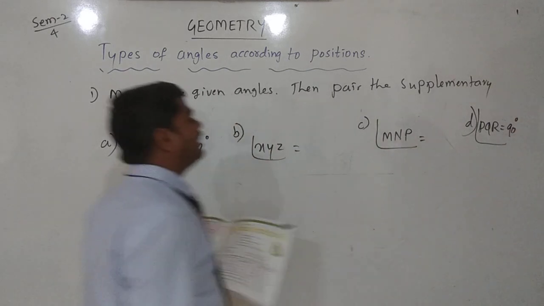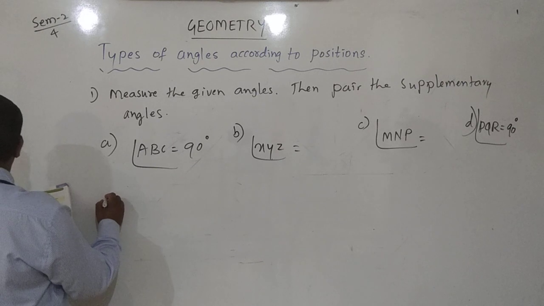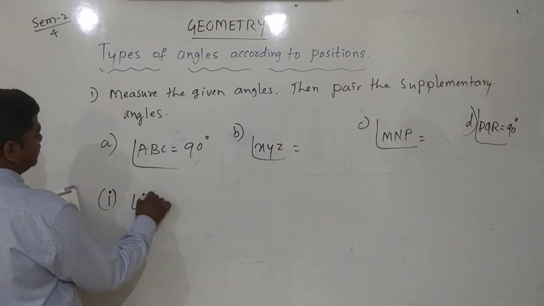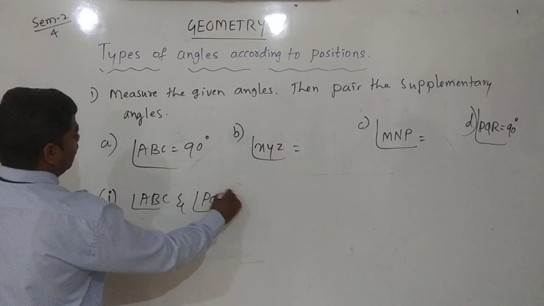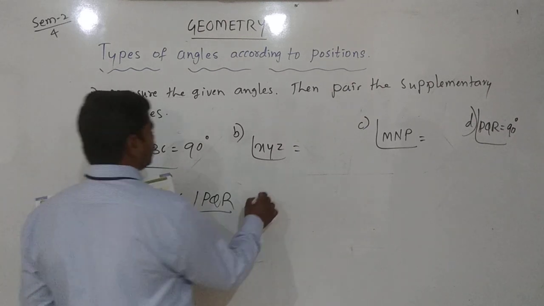Then supplementary angles, we can find here one pair. Which is a pair of supplementary angles? First one, angle ABC and angle PQR, because 90 degrees plus 90 degrees is 180 degrees.